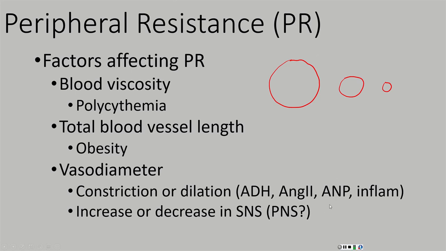ANP, the atrial natriuretic peptide. ANP is a vasodilator. It takes a vessel like this and causes it to dilate, opens it up. So when ANP is up, we get vasodilation and peripheral resistance goes down.